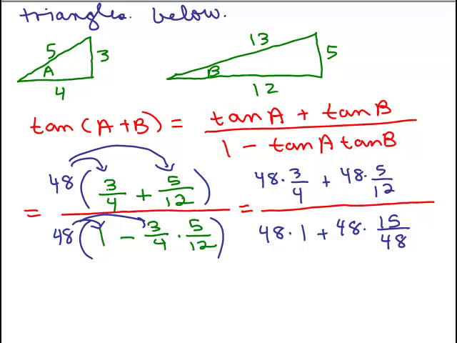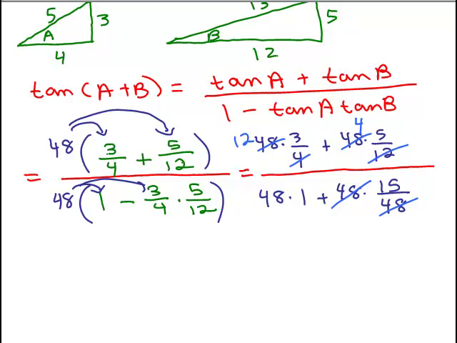Right now we see what we can cancel. 4 goes into 48 12 times, and 12 goes into 48 4 times. Nothing cancels with 48 times 1, but both of these 48s cancel. So what does that give me? Well, in the numerator, I now have my 12 times 3.